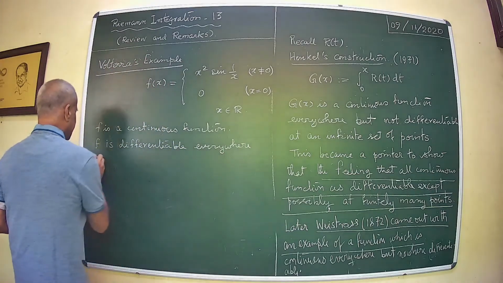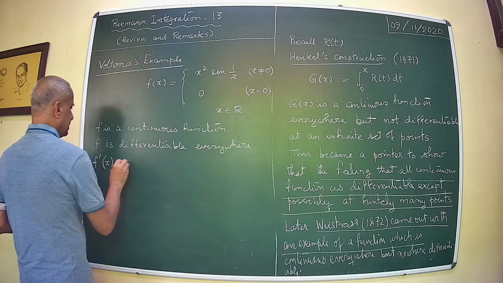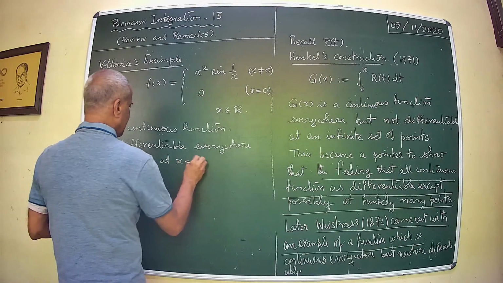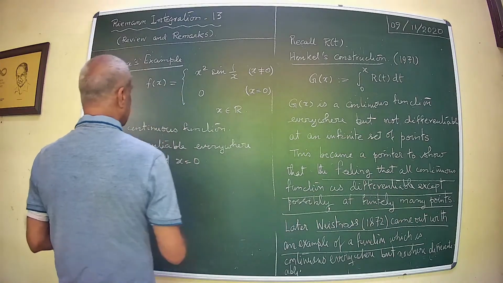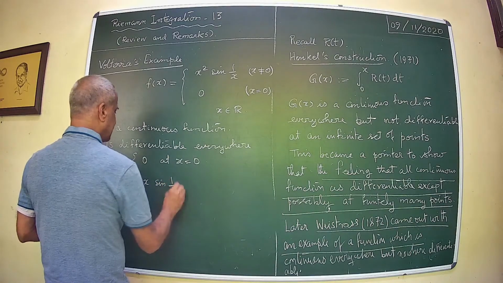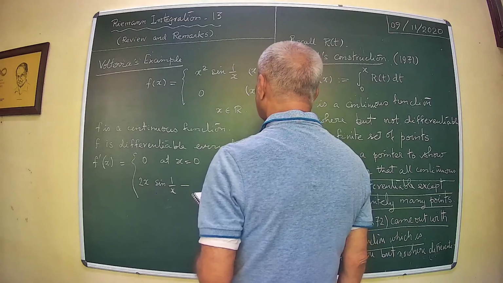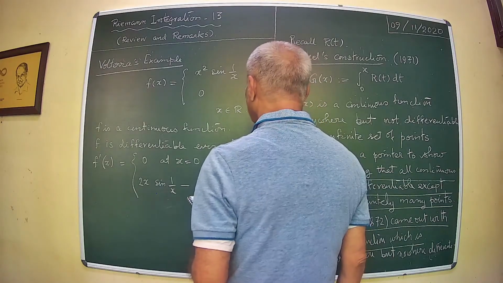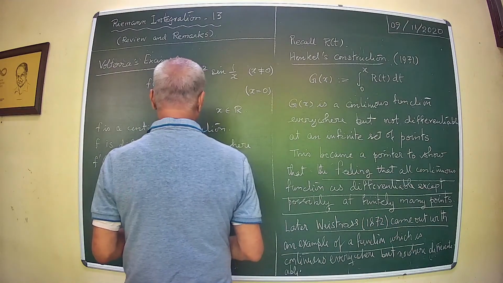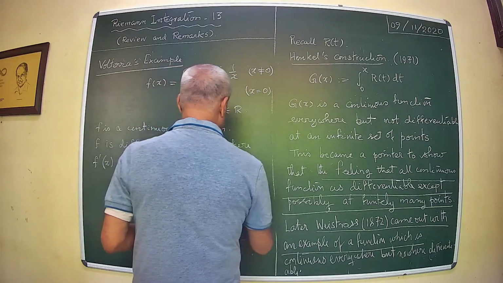You see that f derivative of x turns out to be 0 at x equal to 0, and otherwise, when you differentiate it, you get 2x sine 1 upon x minus cos 1 upon x.